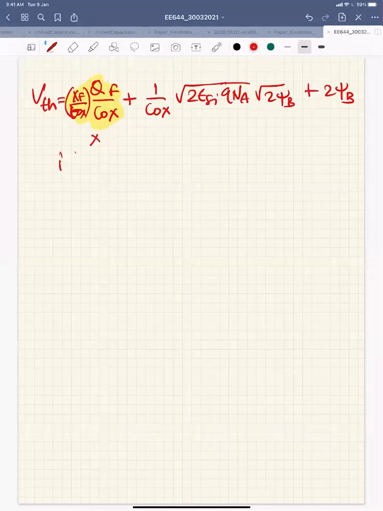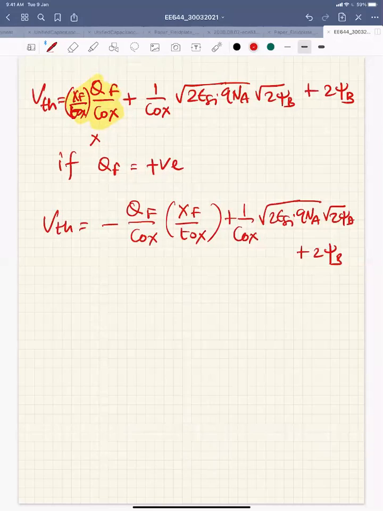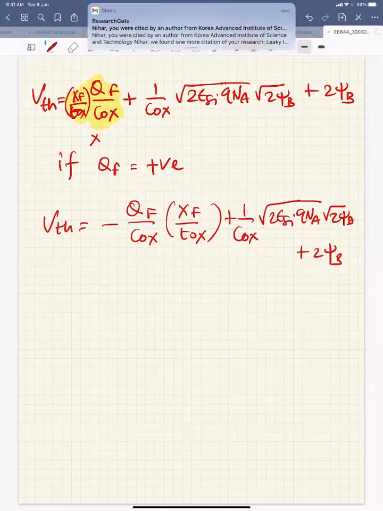If QF is positive, then your threshold voltage will be minus QF by Cox times XF over Tox, plus 1 by Cox root over 2 epsilon Si q NA times root over 2 psi b, plus 2 psi b. So these are the effects of charges in the oxide. Charges in the oxide will also modulate your threshold voltage, so the threshold voltage will also depend on the charges in the oxide.